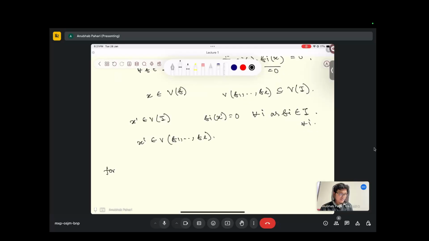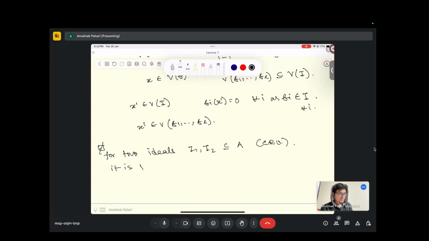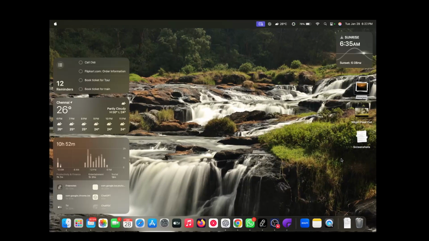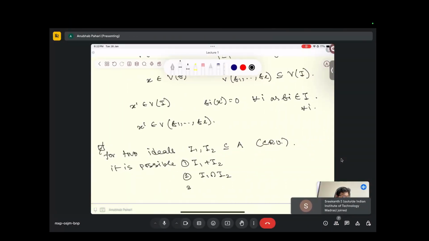For two ideals I1 and I2 of a commutative ring with unity, it is possible to add them, take their intersection, and third, take their product I1 I2.